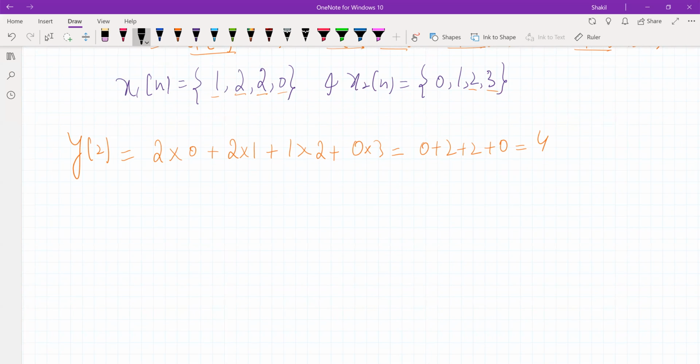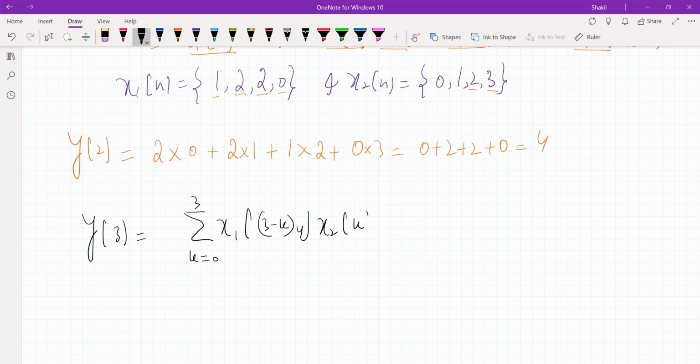Now when n is equal to 3, we'll get y of 3. y of 3 will be the summation for k from 0 to 3 of x1 of (3 minus k) modulo 4, x2 of k.